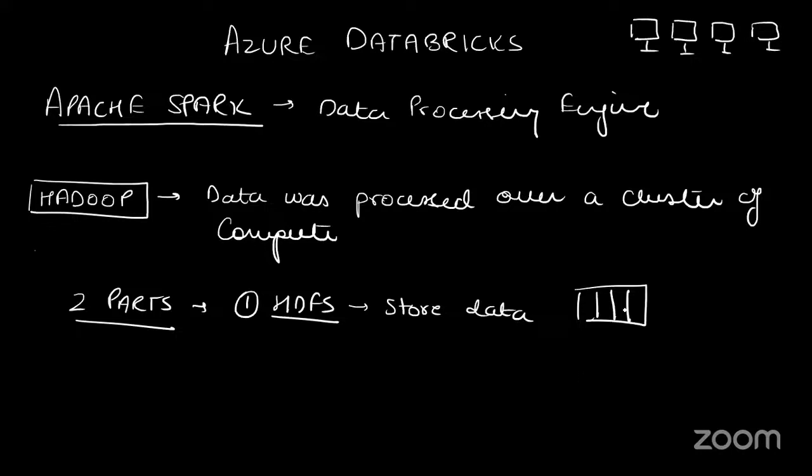So you will get the whole data, and then you will start dividing it into smaller chunks, and you would distribute these smaller chunks across multiple machines in the cluster. So you divided your entire data into four parts, and then you would put those smaller parts into the cluster. You will send one part or one chunk to one node. And then the data was processed in parallel and then finally brought together.